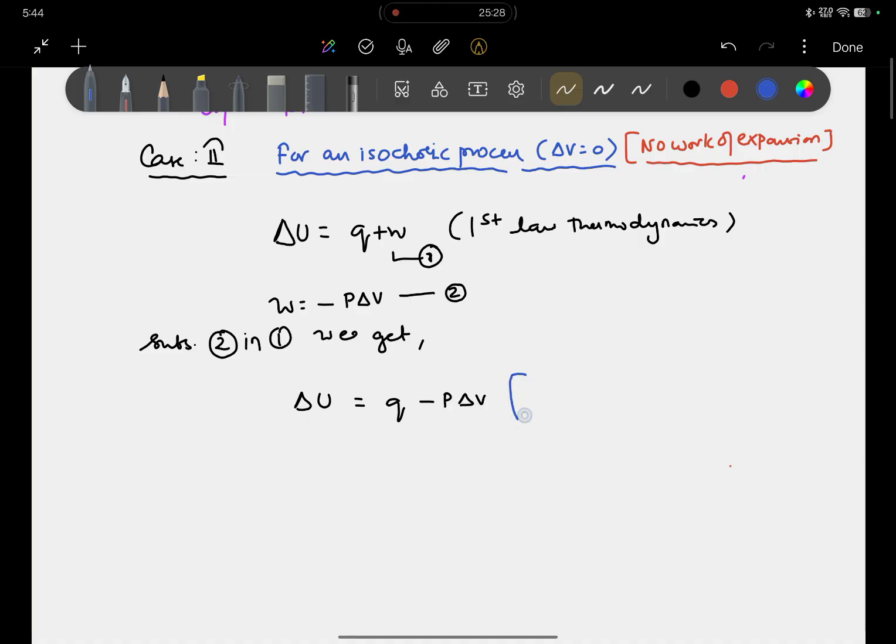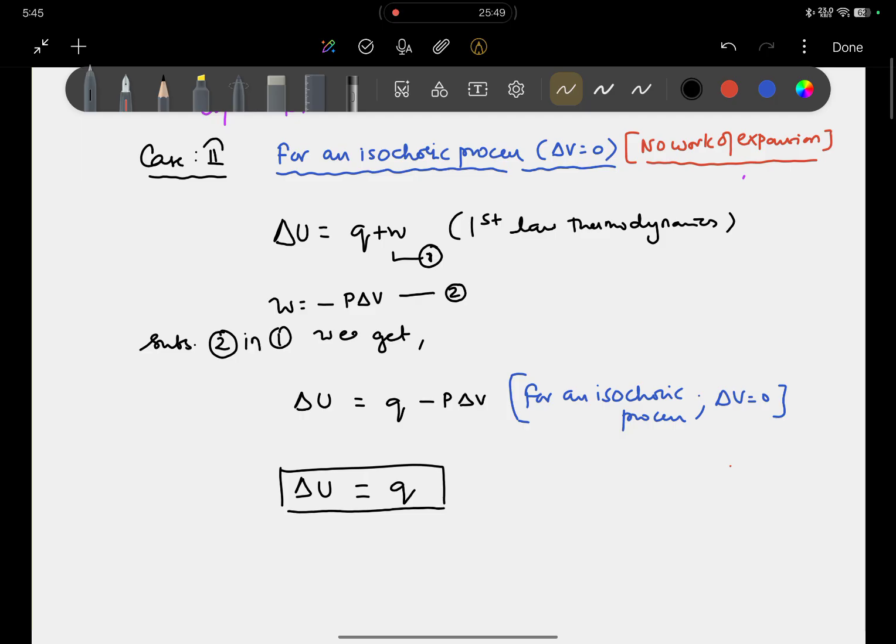We know, we just studied this. For an isochoric process, delta V equal to 0. So what will happen to the equation? Delta U is equal to Q. Please make a note, ma.